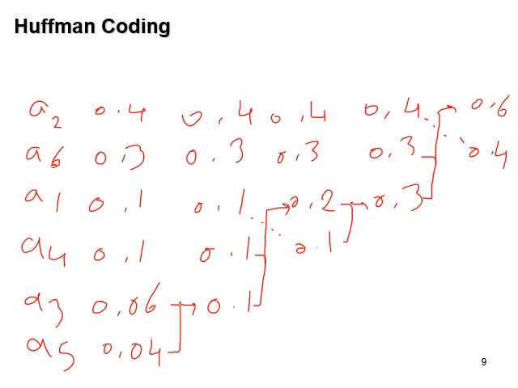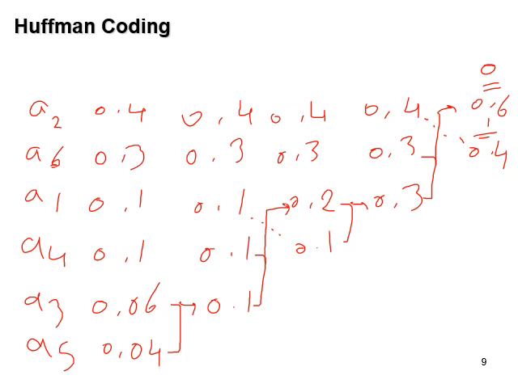Now that we have reached the end where we only have two elements left, you start assigning binary codes starting from the last two and then going backwards. Given that at the end we only have two values, we need just one bit. In that case, the code here would be 0 and the code here would be 1. Now you go backwards.